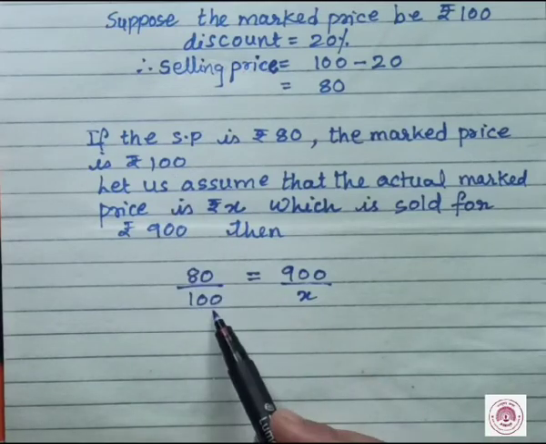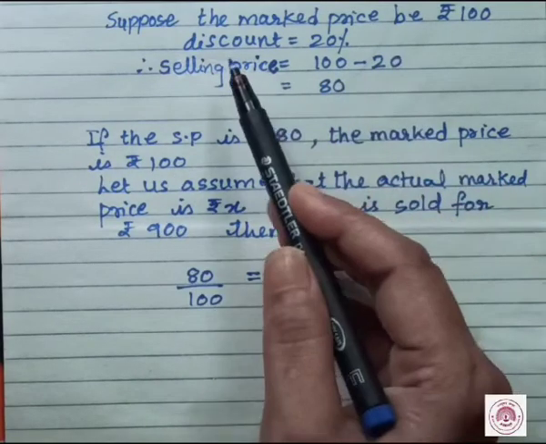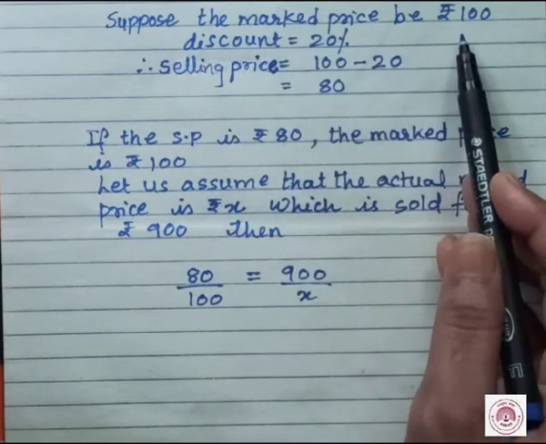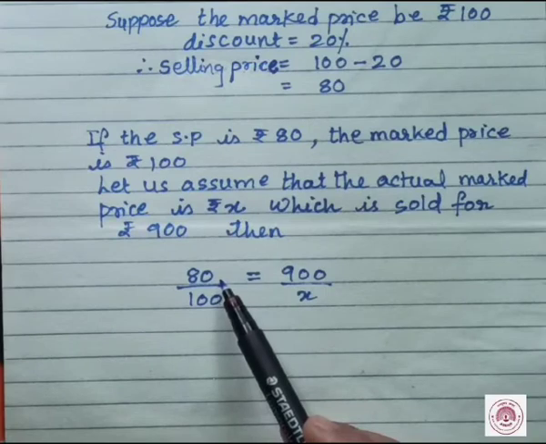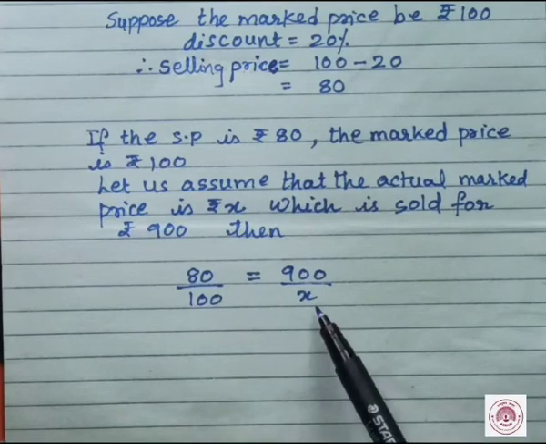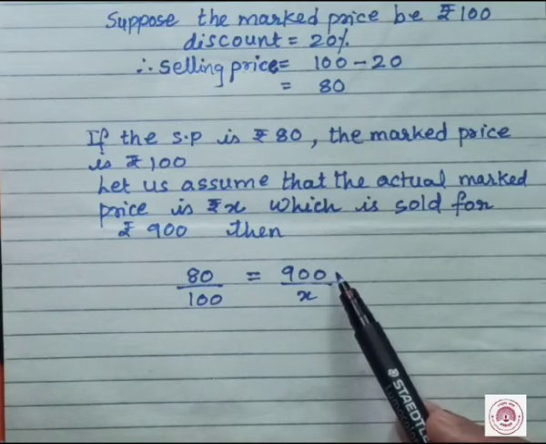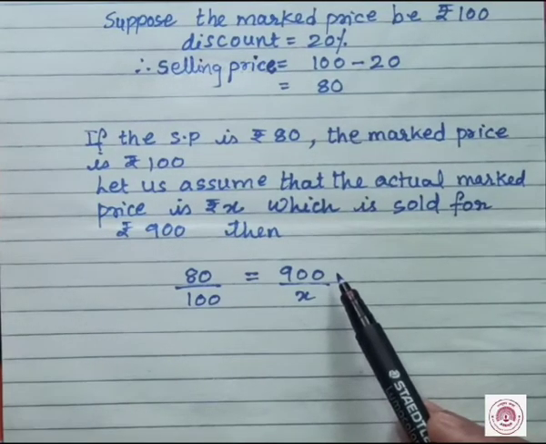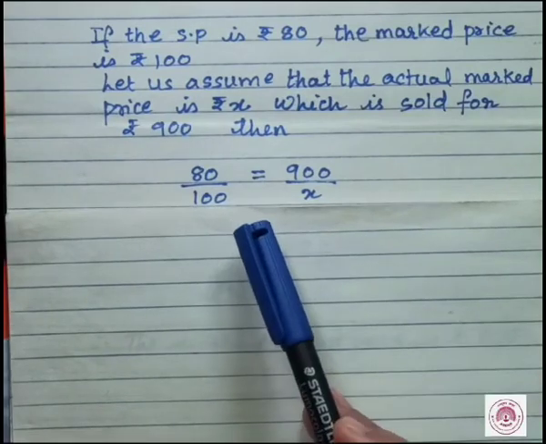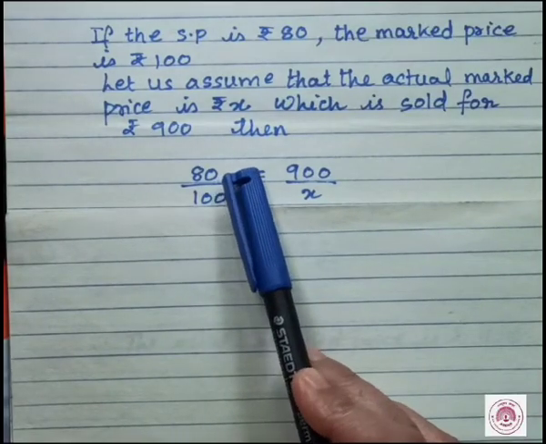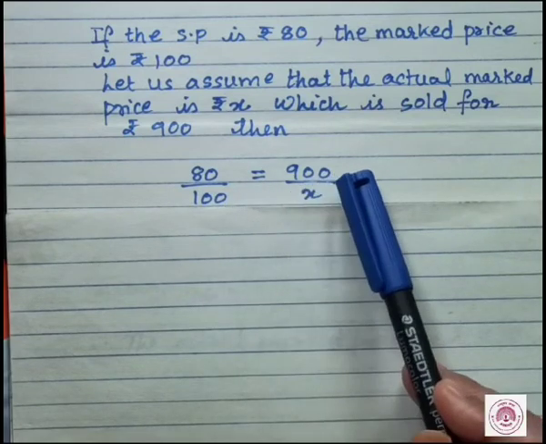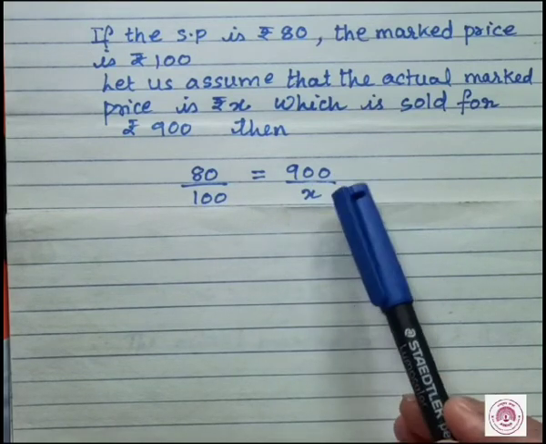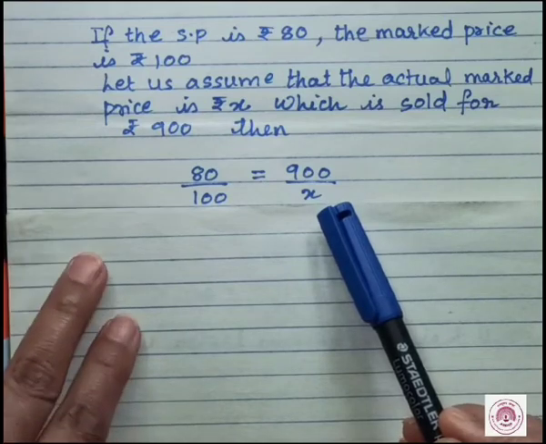This 100 is the assumed marked price that we have assumed at the beginning. So if the marked price is rupees 100, the selling price is rupees 80. Now here X is the actual marked price and 900 is the actual selling price. The ratio of assumed selling price to assumed marked price is equal to the ratio of actual selling price to actual marked price.